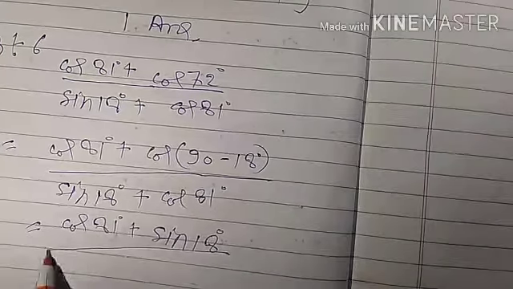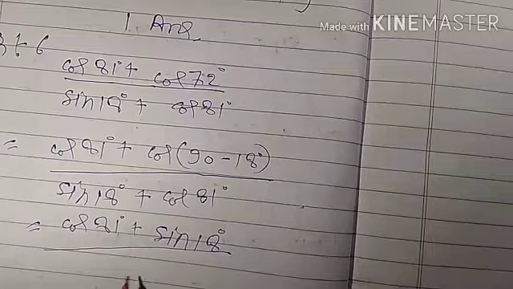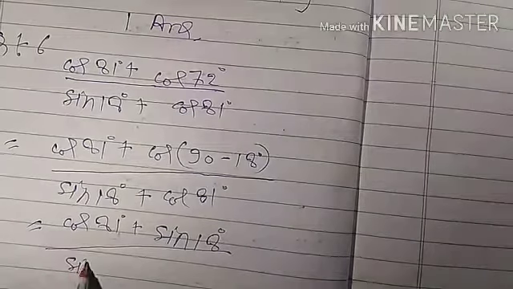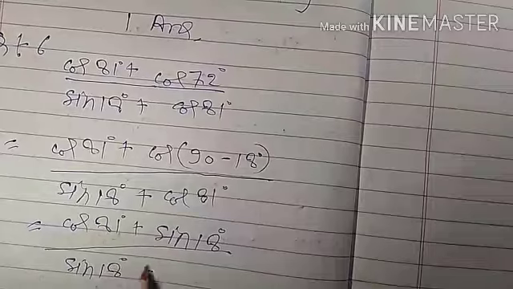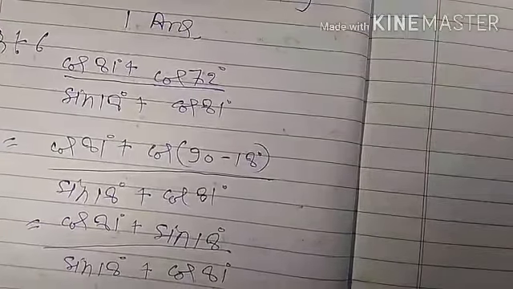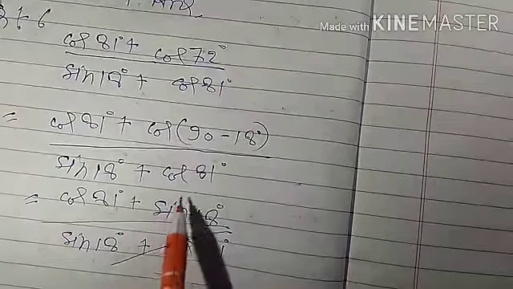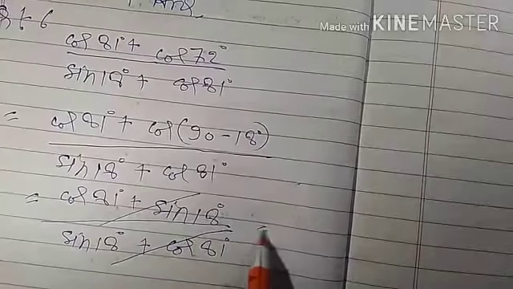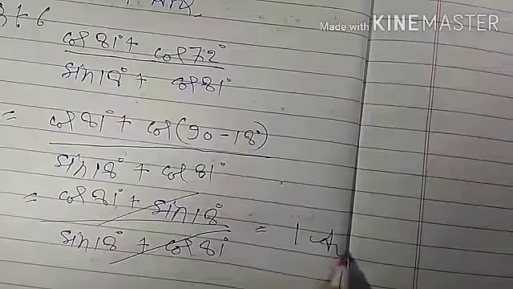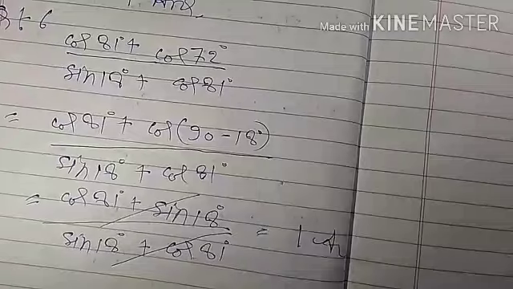So we can write plus sin 18° divided by sin 18° plus cos 81°. The numerator and denominator are the same, so we can cancel, and 1 is the right answer.